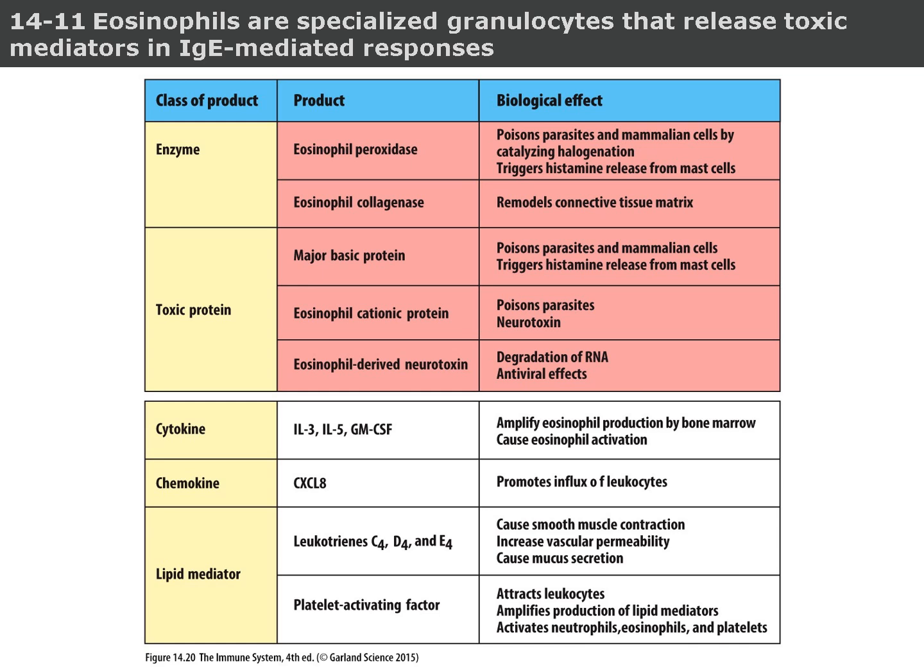Cytokines like interleukin-3, interleukin-5, and granulocyte macrophage colony-stimulating factor promote eosinophil production and activation. Chemokines like CXCL8 attract leukocytes, while lipid mediators, including leukotrienes and platelet-activating factor, enhance vascular permeability, smooth muscle contraction, mucus secretion, and immune cell recruitment.